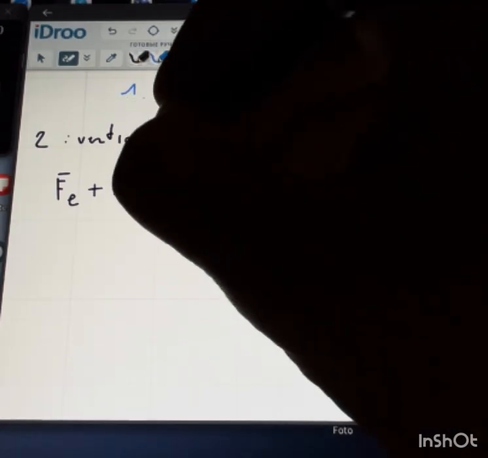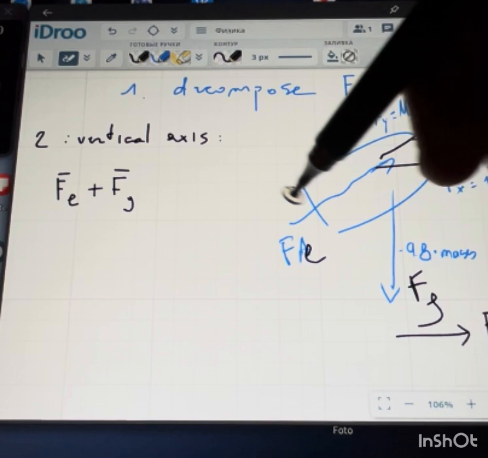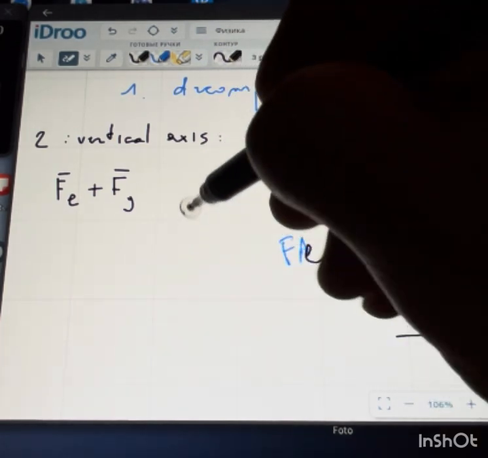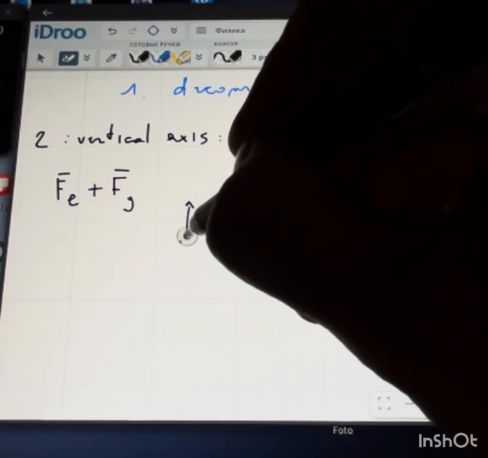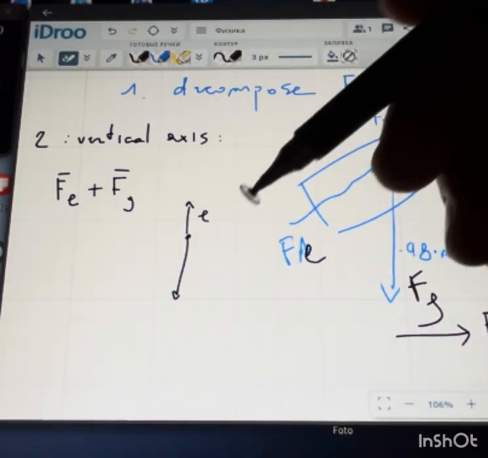So you do the following. I suggest drawing, like this is engine and this is gravity. Let's find out with numbers.